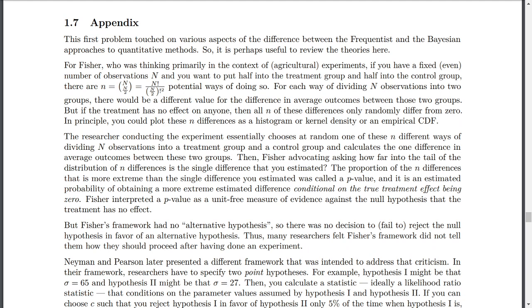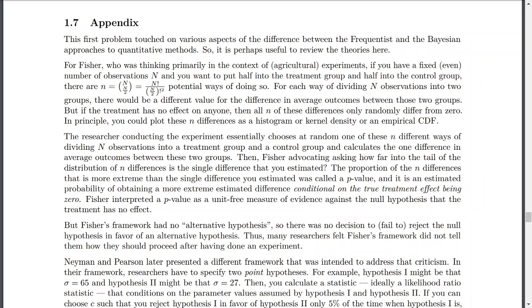But Fisher didn't have an alternative hypothesis in that framework. It's just evidence against the null of no treatment effect, and a lot of researchers who read Fisher's book felt the framework didn't give them enough because it didn't tell them how should I proceed as a result of having done this one experiment.